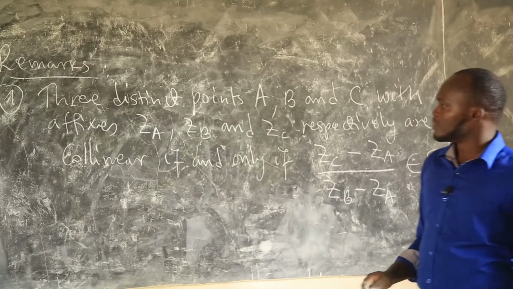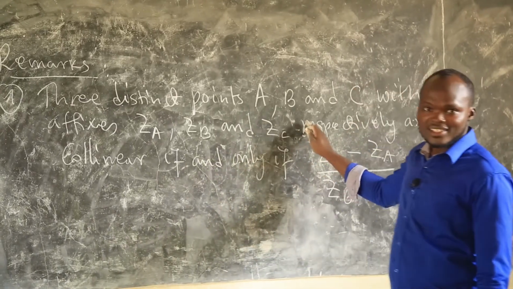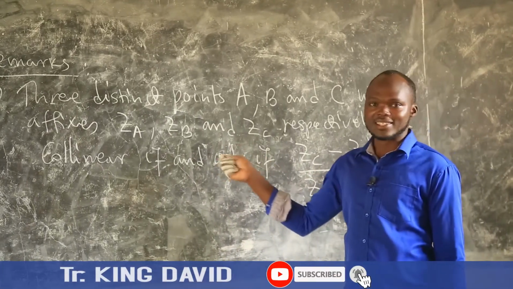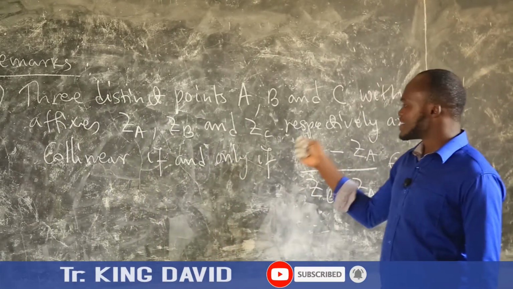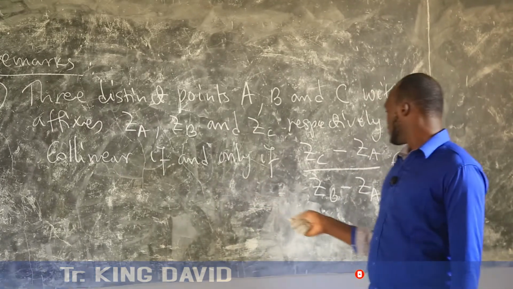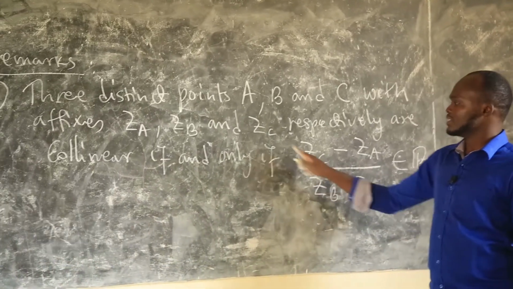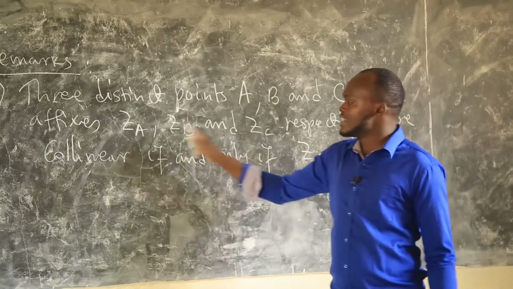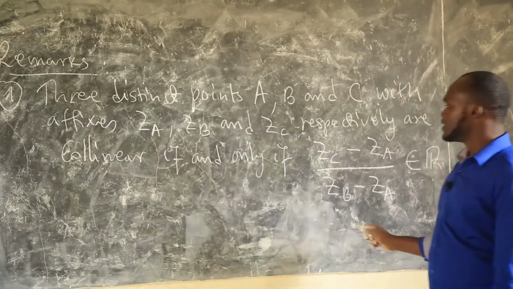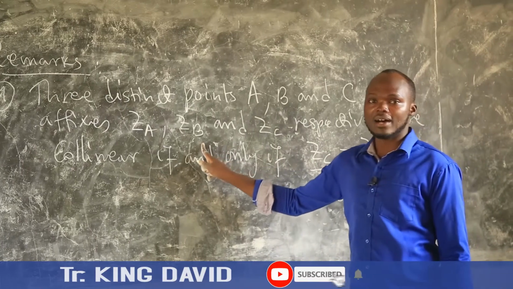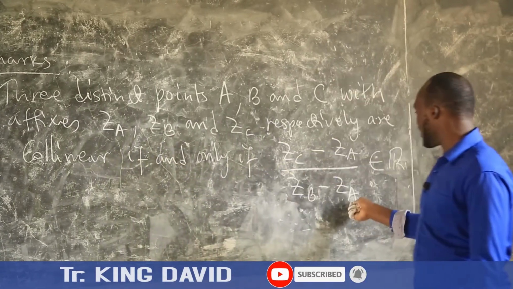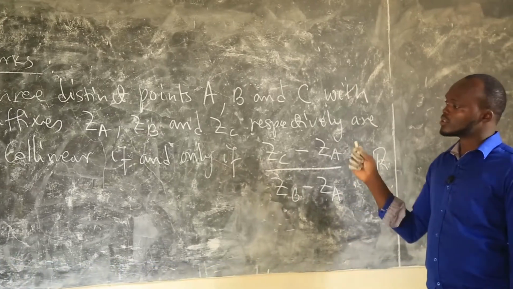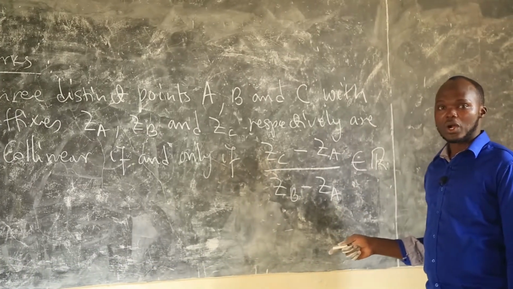So what does it mean? When you have 3 points, and those points form their complex numbers, those complex numbers are collinear when you take the third complex number minus the first one, divided by the second complex number minus the first one, and you get a real number. That's when those 3 complex numbers are collinear.